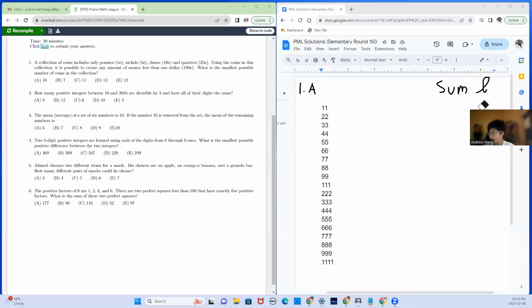Sorry. You know what? I'll just write it out here. Sum divisible by 3. Oh my bad. Yeah. Sum divisible by 3. I'm just going to put it up here.